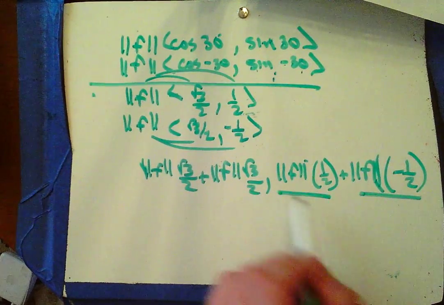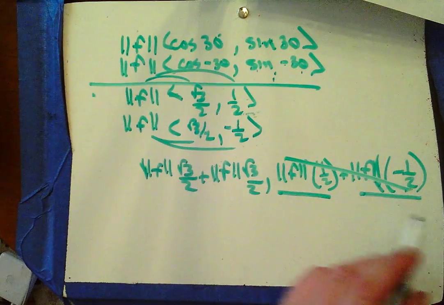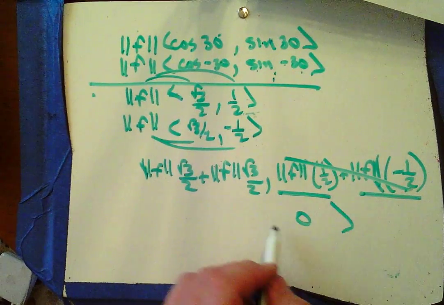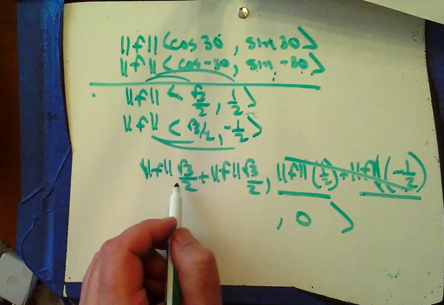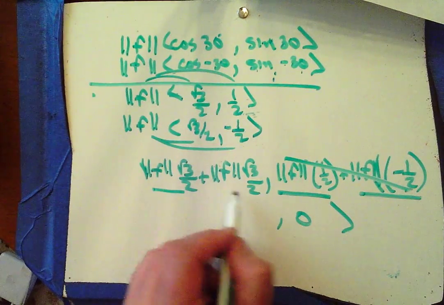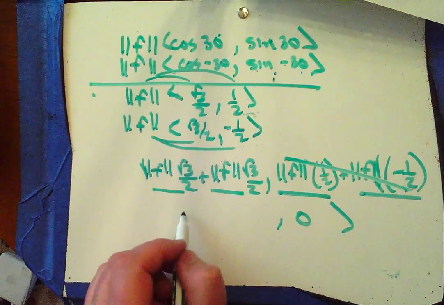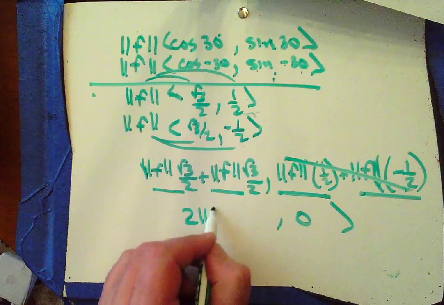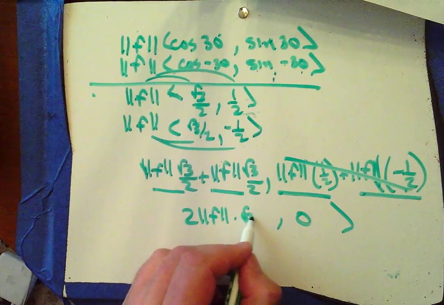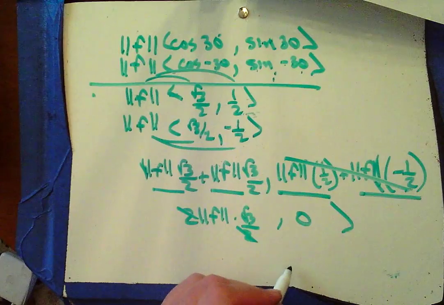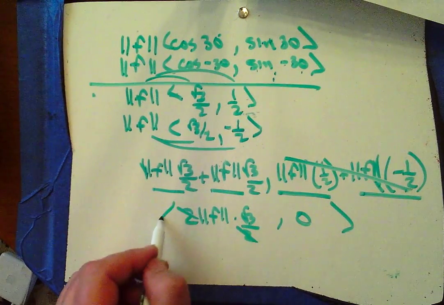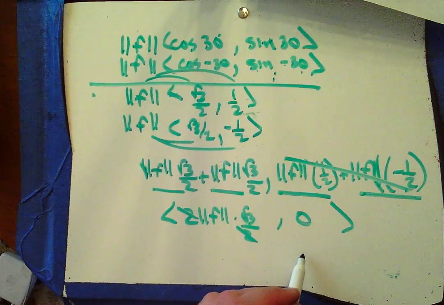Well, these are opposites, they cancel, and so I'm just left with 0 there. Over here, I've got one of these things plus one of these things, which makes 2 magnitude of F root 3 over 2, and I can cancel. Okay, so there's my resultant force.